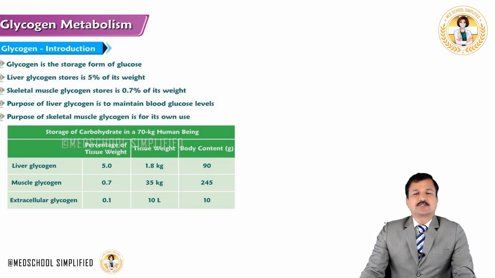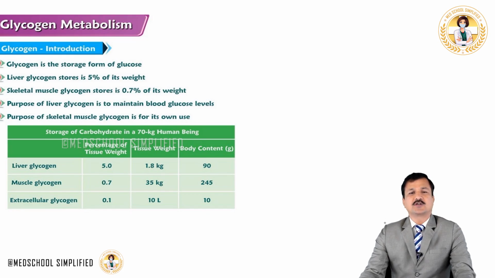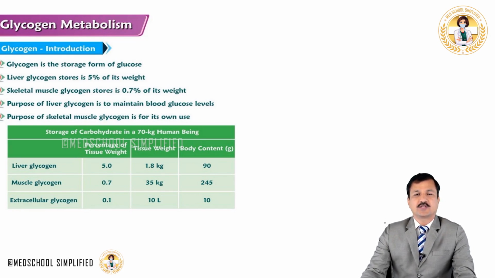Glycogen is a storage form of glucose. Whenever a person has sufficient glucose in the blood, and the blood glucose is entering the liver and skeletal muscle, and these and all other tissues have sufficient glucose for glycolysis and energy purposes, the additional glucose is diverted into glycogen formation.